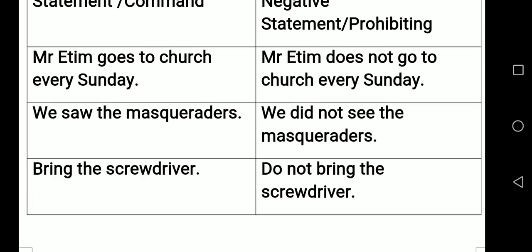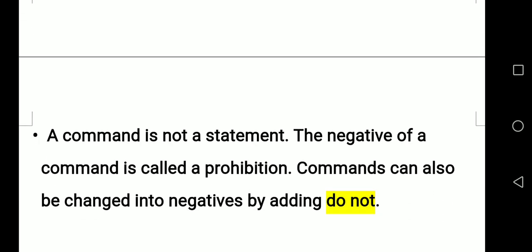The opposite of a command is known as prohibition. A command is not a statement, so the negative is called a prohibition. So it's not only statements but also commands that can be changed into negative sentences.